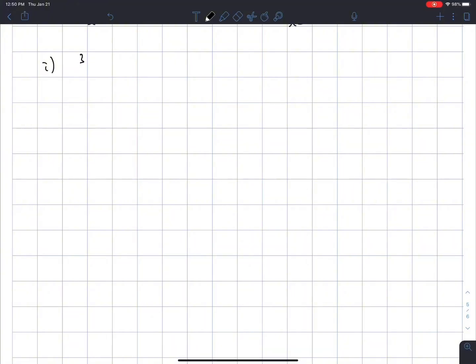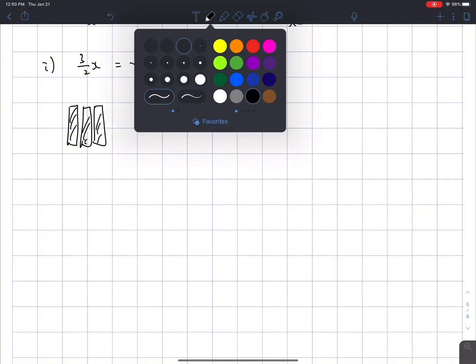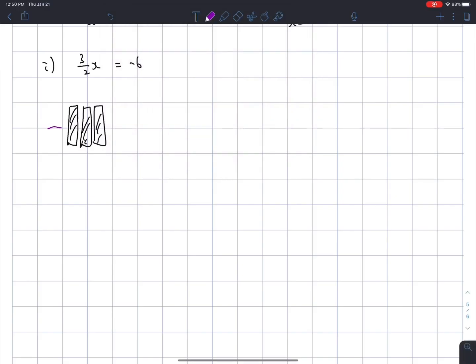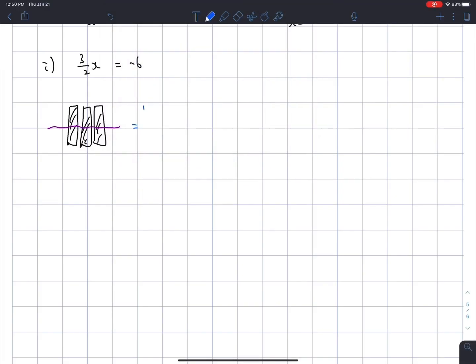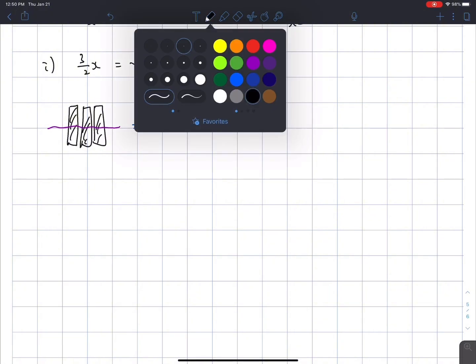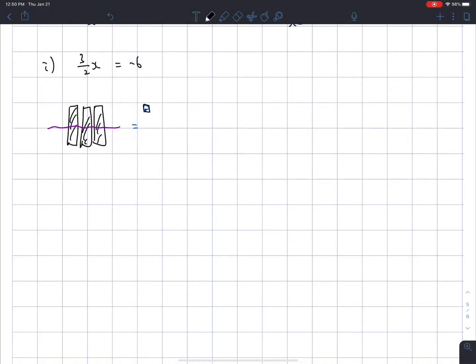I, 3 over 2x equals negative 6. So this one is slightly more difficult because it's 3x over 2. So I will start with 3x, right? This is 3x. And then over 2, so I'm going to cut this in half. And then I'll tell myself that this gives me negative 6. Because there's 3x, I'm going to put them in groups of 3.